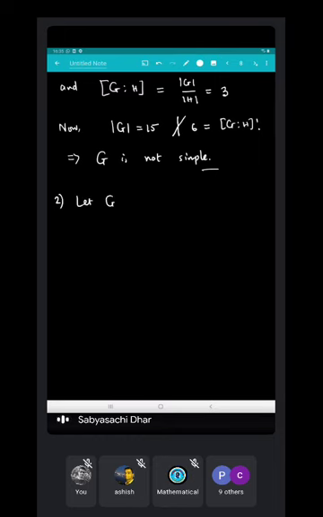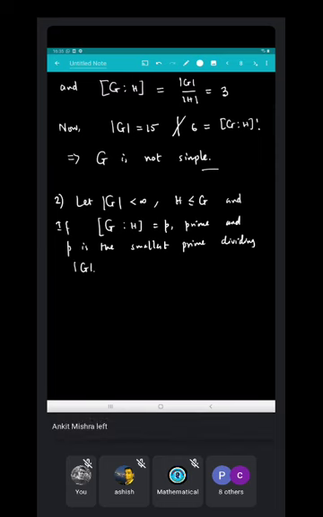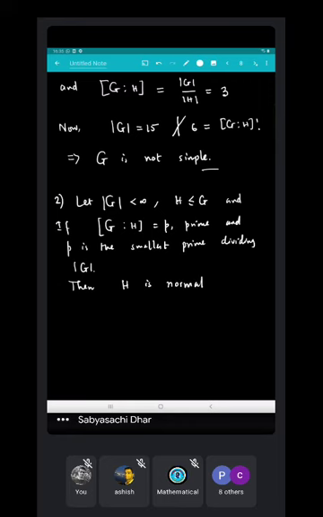Let G be a finite group and H a subgroup of G, and let the index of H in G be P, where P is a prime and P is the smallest prime dividing the order of G. Then H is normal in G.